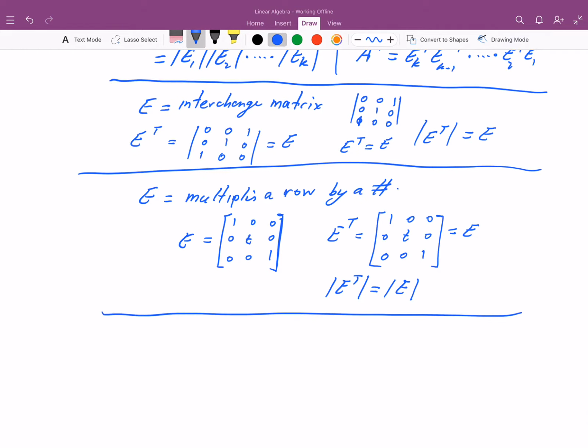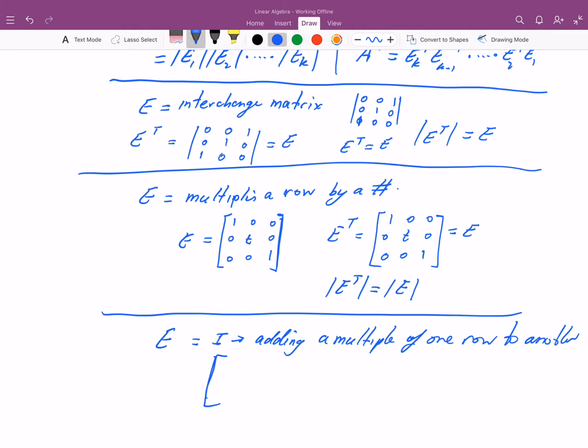Finally, the other type of elementary matrix comes from taking the identity and then adding a multiple of one row to another. And so if I take the identity, and let's say I add a multiple of the first row, let's say 3 times the first row plus the third row, that gives me a 3 here.